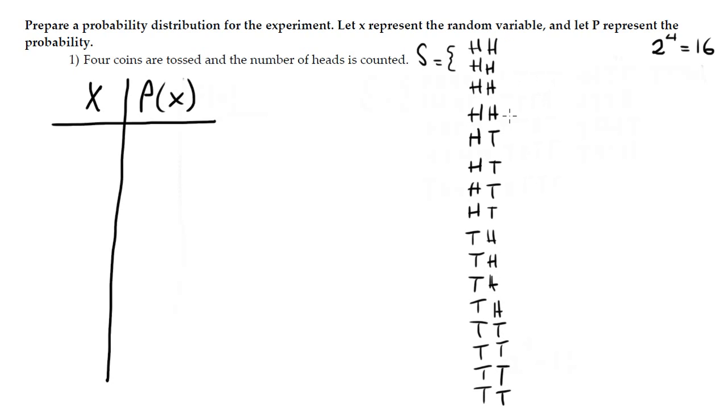Then let's do 2, 2, 2, 2, 2, 2. So heads, heads, tails, tails. Heads, heads, tails, tails. This method will ensure that we get every single possible outcome. And then alternate heads, tails, heads, tails, heads, tails, heads, tails.